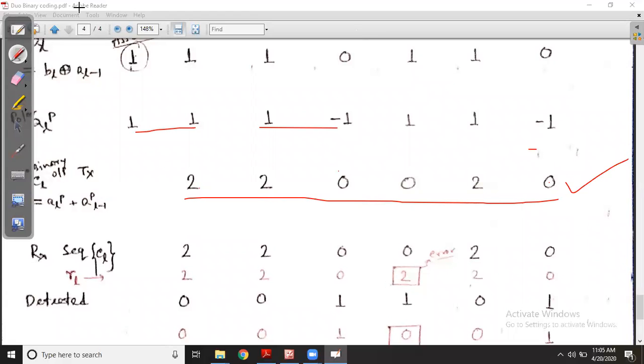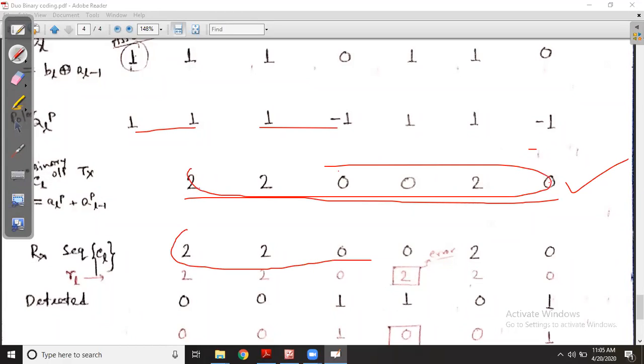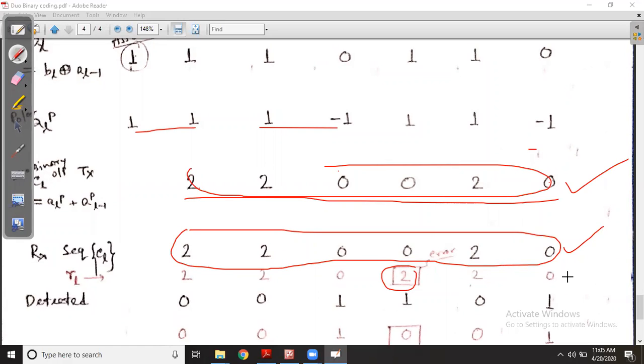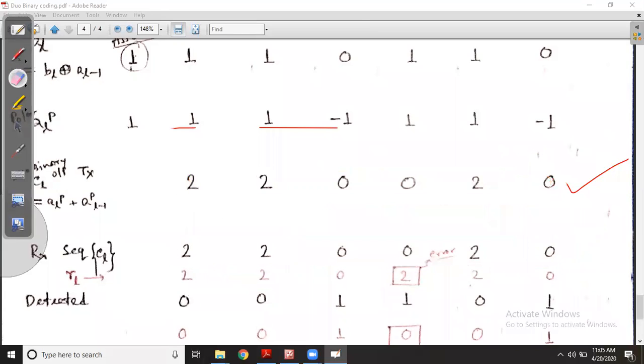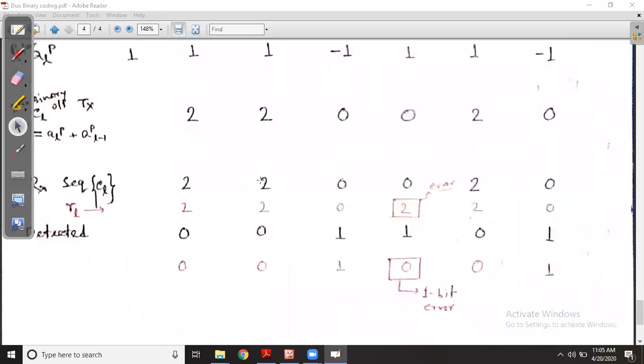Now we are directly transmitting this one, so we may receive this one without any error, or we may have some error in this bit. This row is without any error, this row is with some error. Error is introduced here.